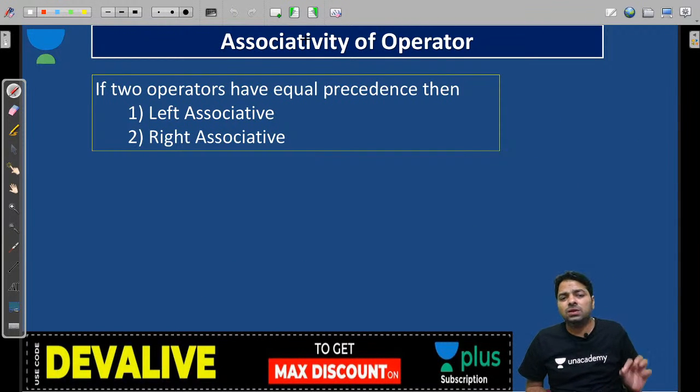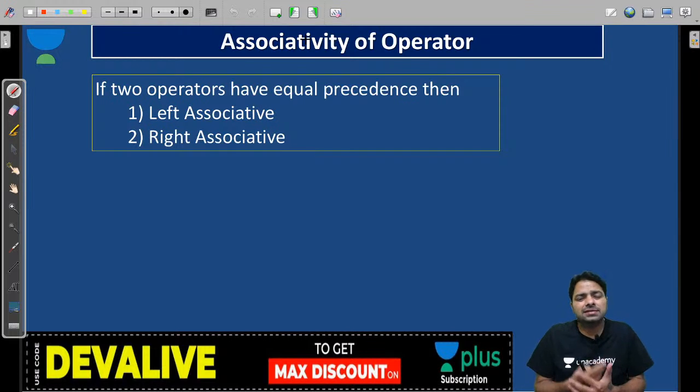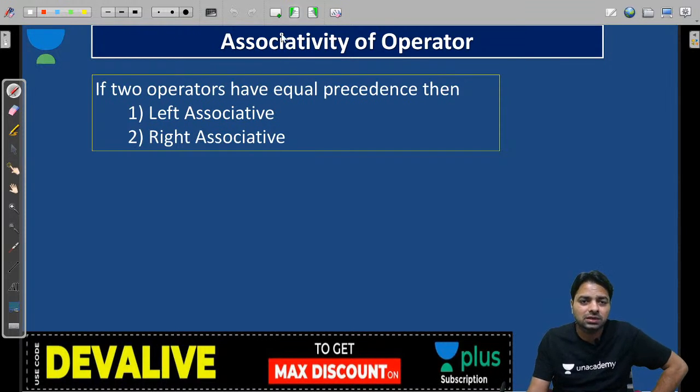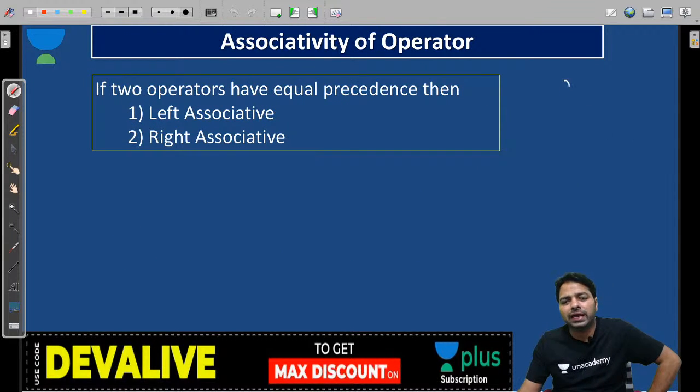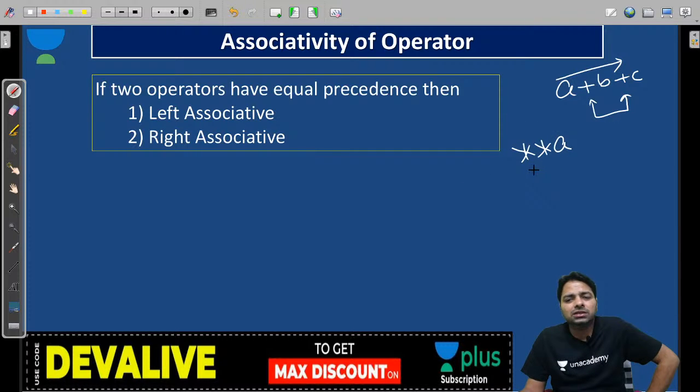Here there is another word, associativity, guys. When you have equal precedence, then you must know which one to evaluate. Even if you write A plus B plus C, here the two plus operators are equal, then which one will you evaluate? That follows left to right associativity. Then we have star star in C language. The star star operators are equal, so it follows right to left.